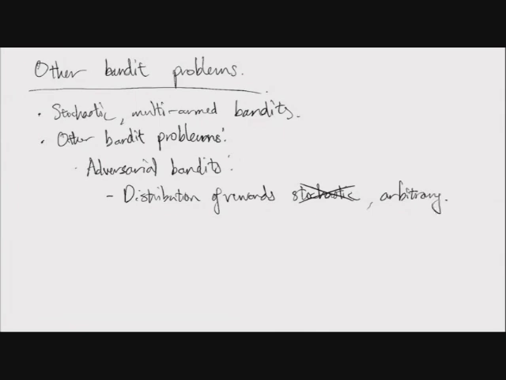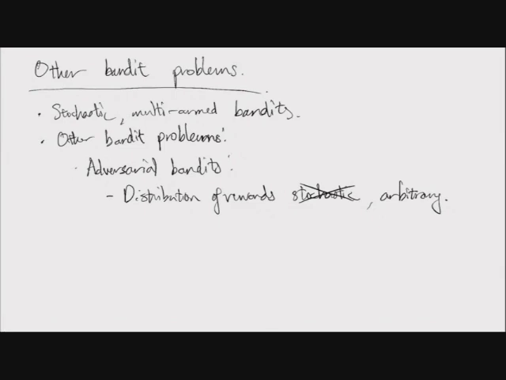This means that after we make a decision, the reward that we get can be chosen in the worst possible way by some adversary. This seems to make the problem intractable, but actually that's not the case.